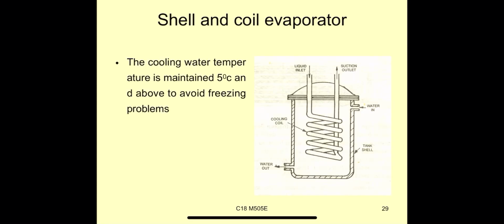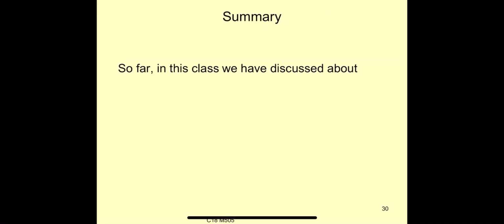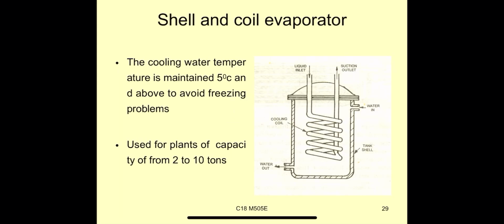The cooling water temperature is maintained at 5 degrees centigrade and above to avoid freezing problems. It is used for plants of capacity from 2 to 10 tons. So this is used only for capacity of 2 to 10 tons.